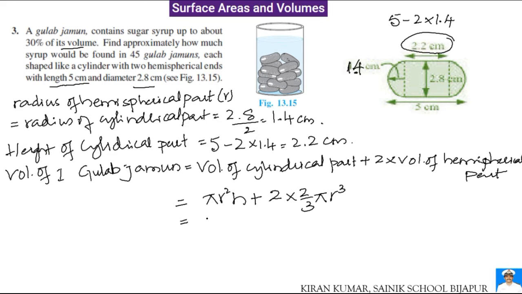Let us substitute the value. It's pi times 1.4 whole square multiplied to 2.2 plus 2 times of 2 by 3 times pi multiplied to r cube, which is 1.4 whole cube.